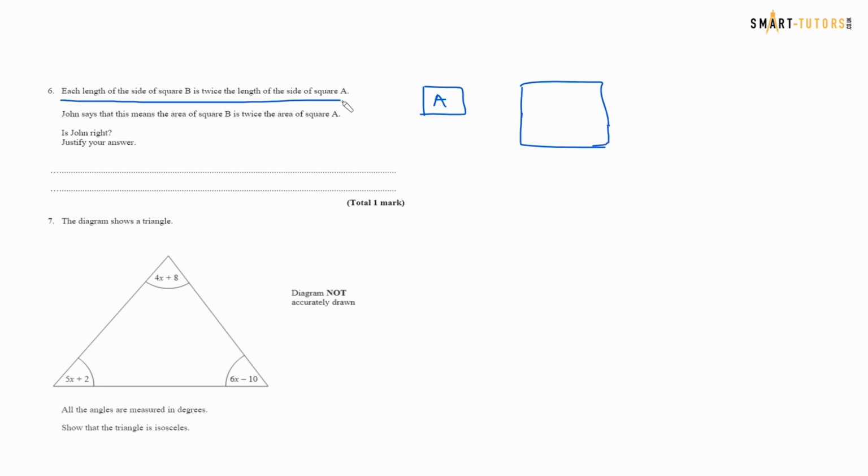The length of the side of A, let's say x, because it's a square, all four sides are equal. Square B is twice the length, so each side is 2x, 2x, 2x, 2x. All four sides are equal.